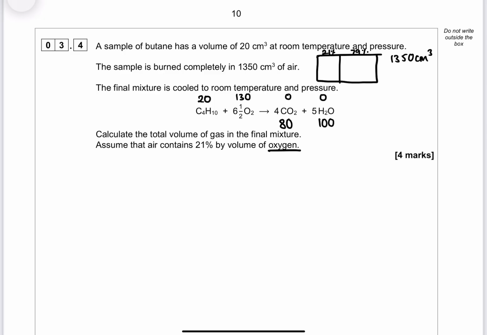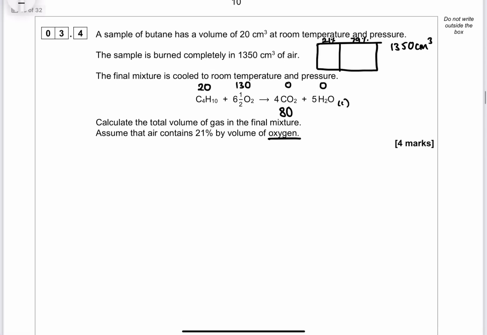But it says that they're cooled to room temperature, so this would become a liquid. So that one wouldn't count. So I'd have 80 centimetres cubed of this. What I need to work out is how much oxygen I had initially, because I had 1,350 centimetres cubed of air. What amount of oxygen did I have initially?